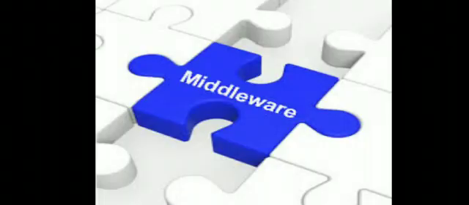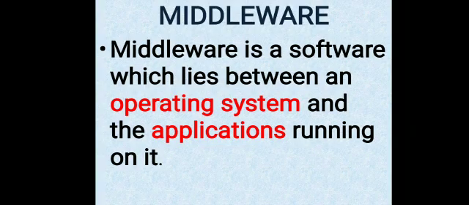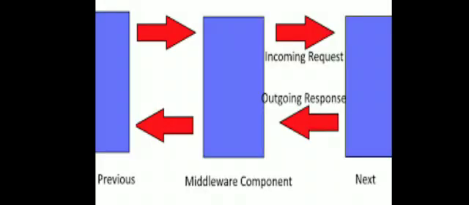Okay, next we see the third type of system software, which is middleware. What is middleware? Middleware is software which lies between the operating system and the application running on it. This is the process of middleware.